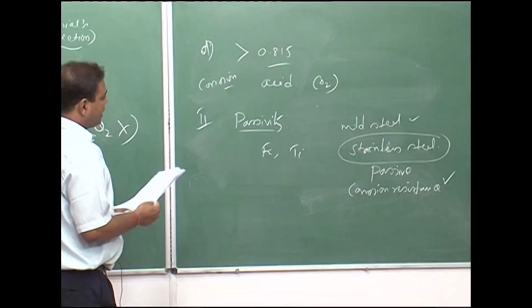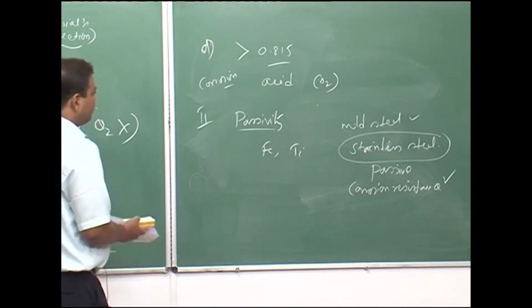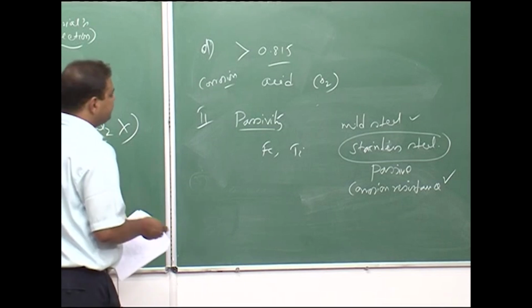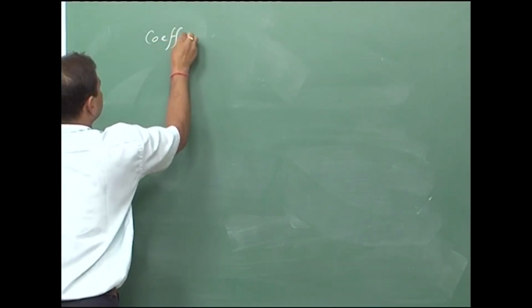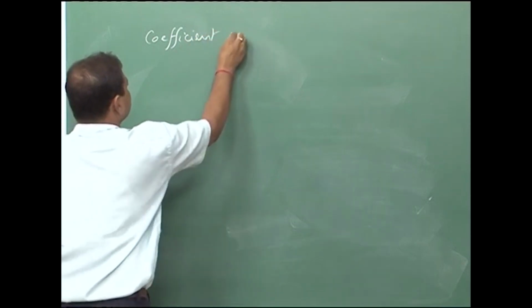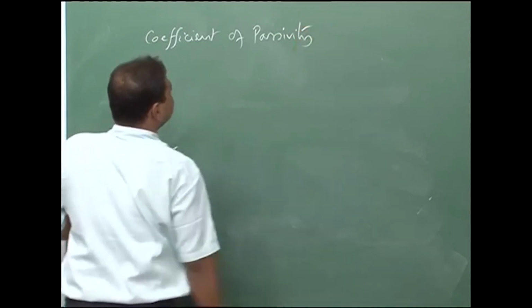Now, what will guide the passivity? There is one particular ratio, which we call the coefficient of passivity.